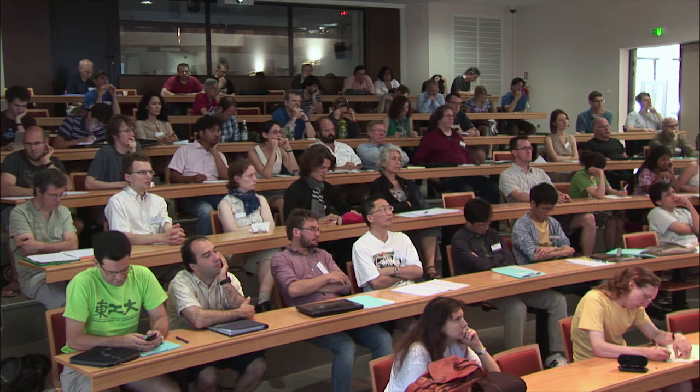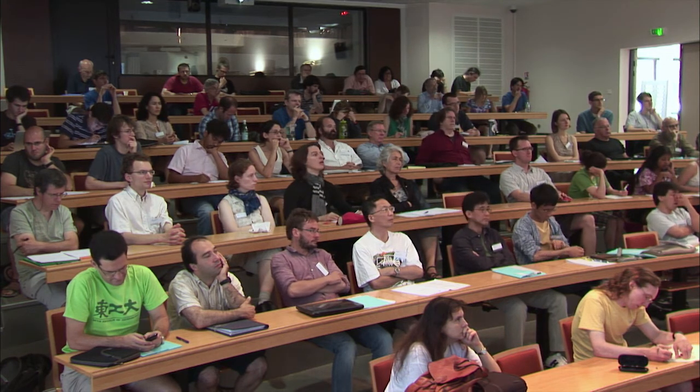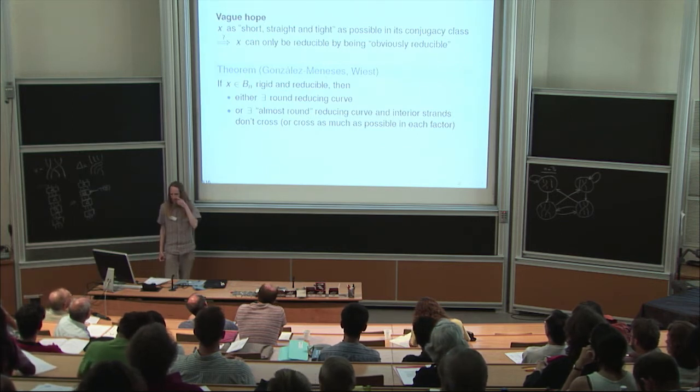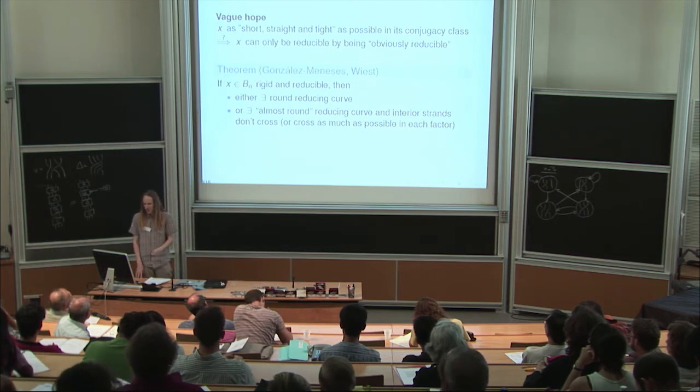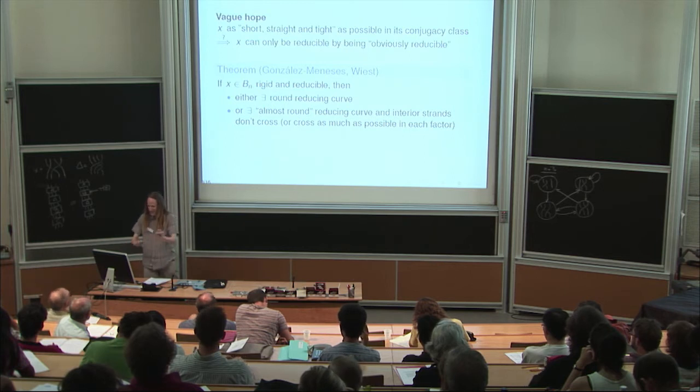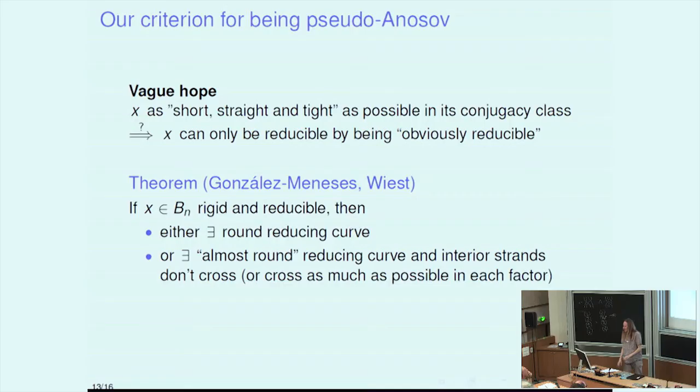And here is the theorem which makes the whole thing tick. That's a theorem of Juan and myself. A rigid reducible braid has either nice round reduction curves or, well, I'm slightly lying here, but essentially there's a reducing curve which is what we call almost round.